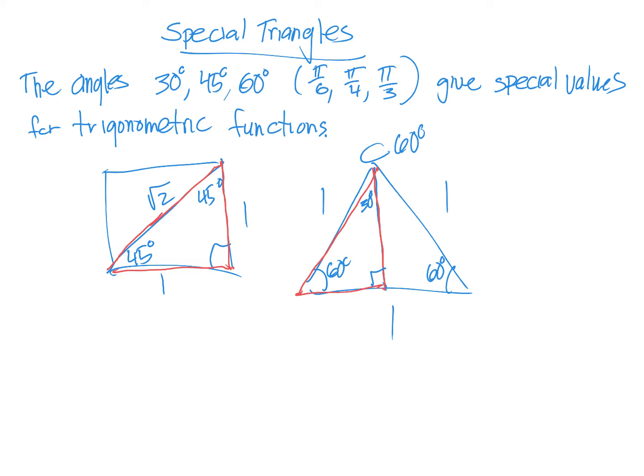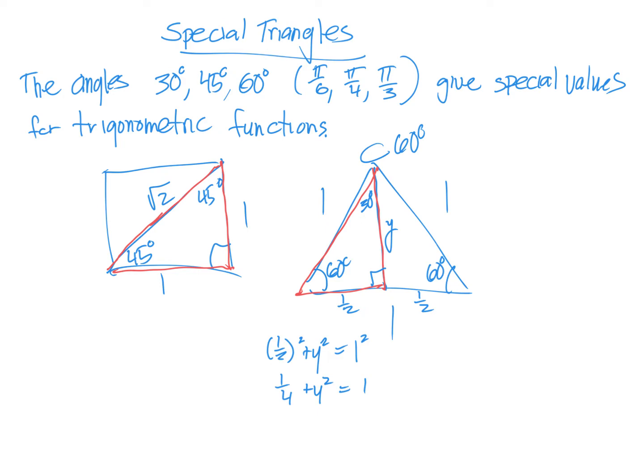And the base used to be 1. Now we have 2 separate pieces of 1/2. And so if we call this y, using Pythagorean theorem, we can solve for y. 1/2 squared plus y squared equals 1 squared. 1/4 plus y squared equals 1.